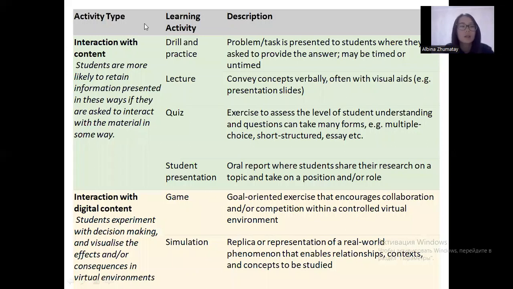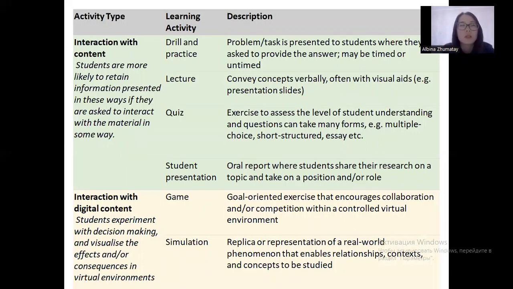And here you can see some activity types and the learning activities and their descriptions. I divided activity types into four types. First of all, interaction with the content.